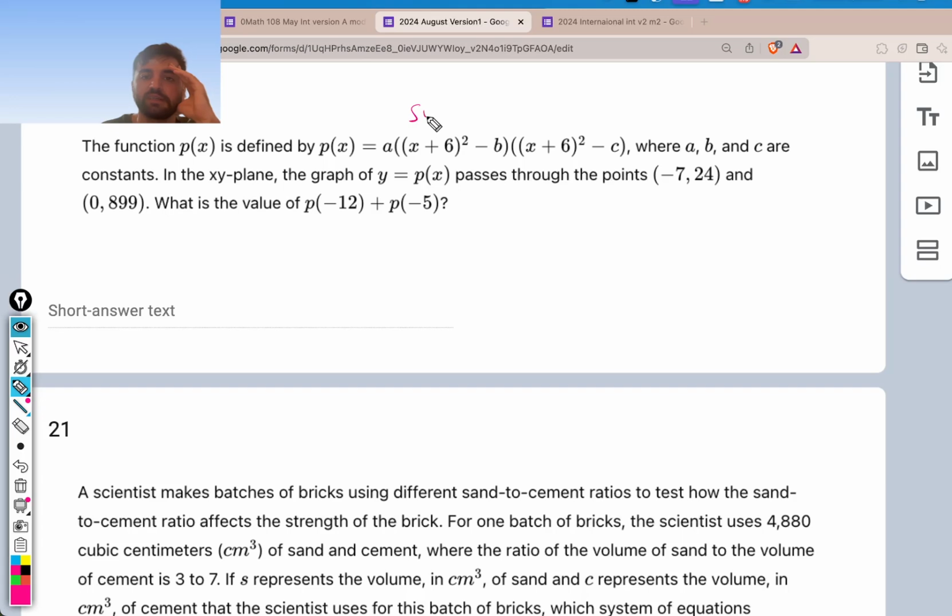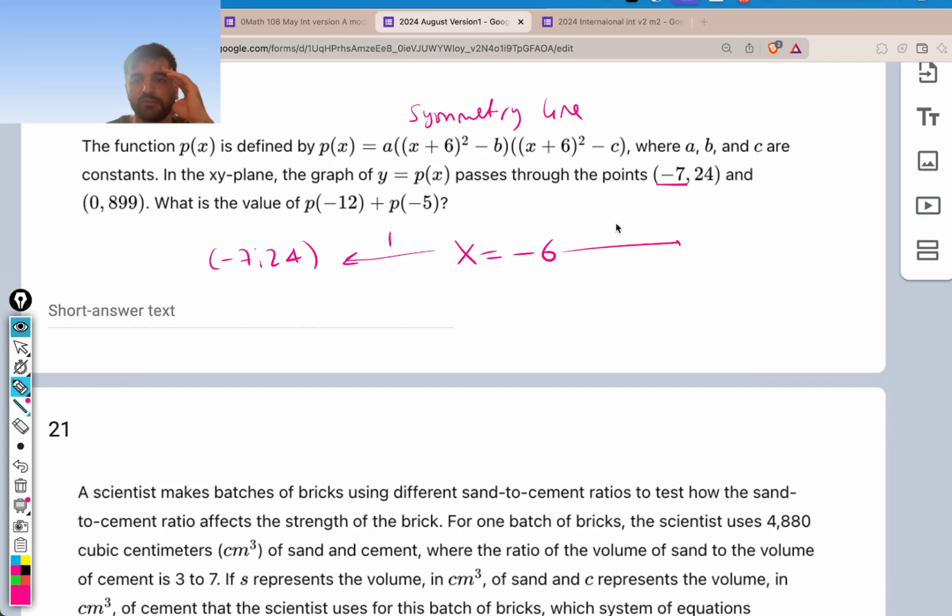Here we can find the symmetry line. It is x is equal to negative 6. Okay, you can see that from 2, 7 we have 1 unit, right? And to negative 5 it's also 1 unit. So it means that negative 5 is also 24. So we have this feature for all symmetric functions.